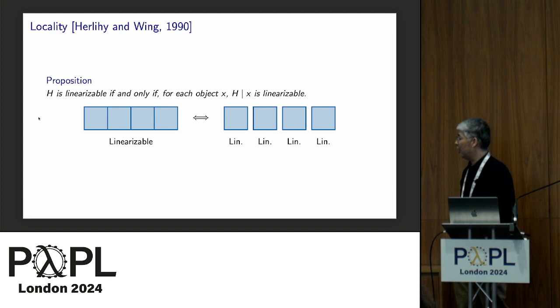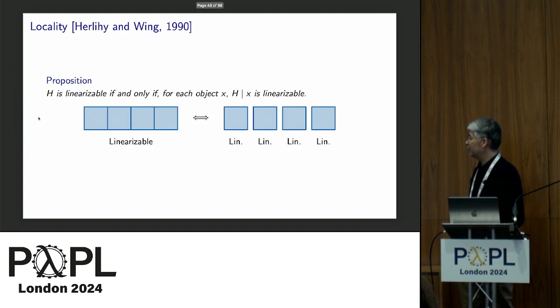That is, if you have 4 objects composed together horizontally, you actually have the if and only if property. That is, if these 4 components are composed together, then you can show each of them is linearizable. Or if 4 linearizable objects are composed together horizontally, then the whole thing is still linearizable.